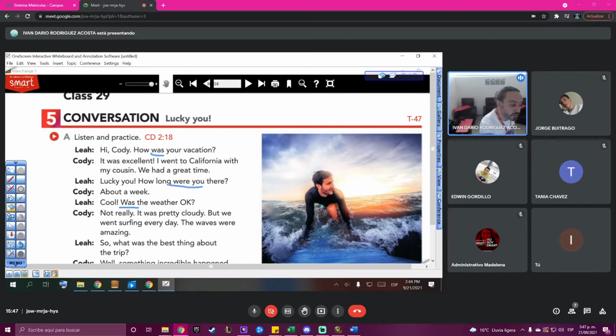We can see them in the picture too. These ones are the waves. So the person is also describing something in the past. He didn't say anything about the activity, but he's describing something in the past. So that's why our objective today is to describe situations in the past.